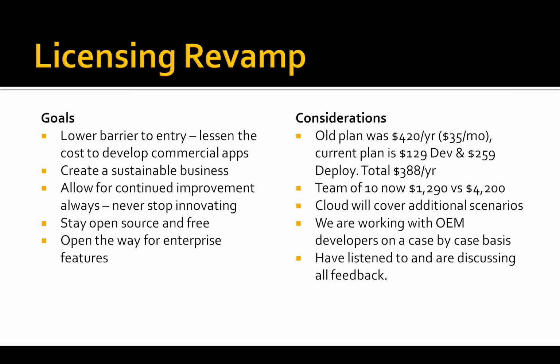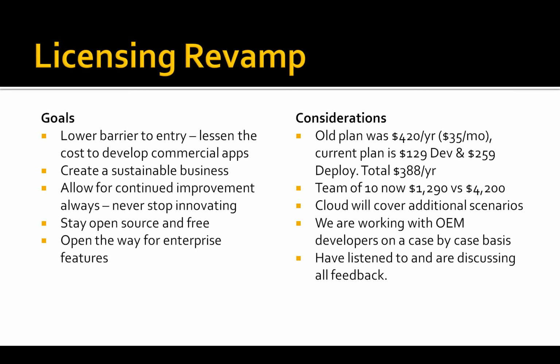Another really important thing, and something that clients of ours expressed concern over, was we wanted to create a business model that was sustainable, something that we could count on for the long term, something that we could continue to improve the product and never stop innovating. So this was another core tenet to our discussion of what we were going to do with licensing.